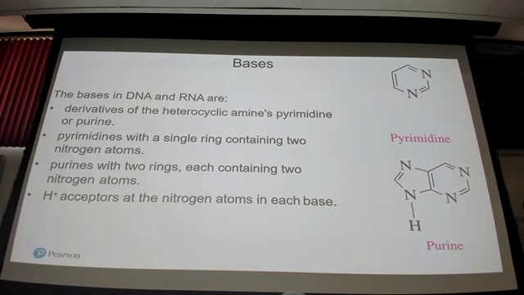There are two types of bases in DNA and RNA. You have the pyrimidine, which is a one ring base. The purine is a two ring base. And as I mentioned, they each contain two nitrogens that are hydrogen acceptors.